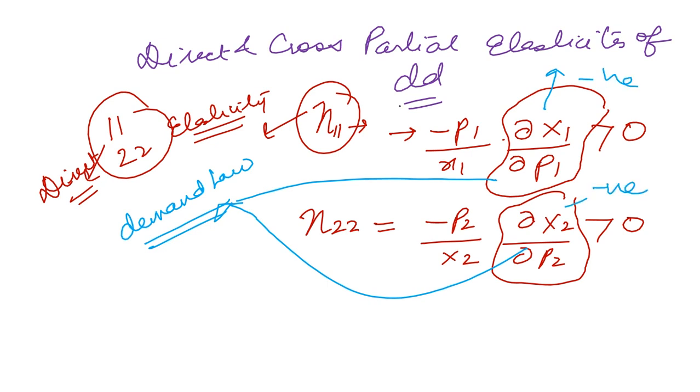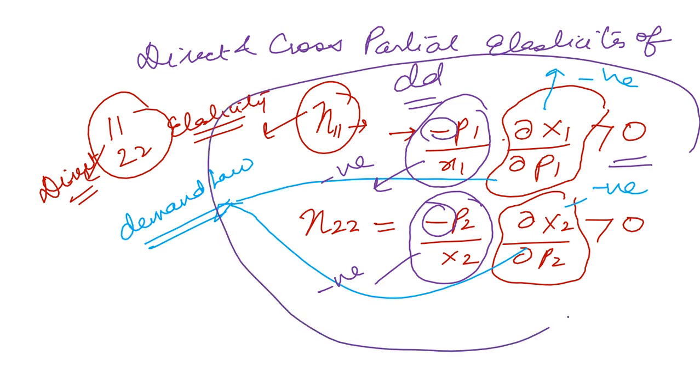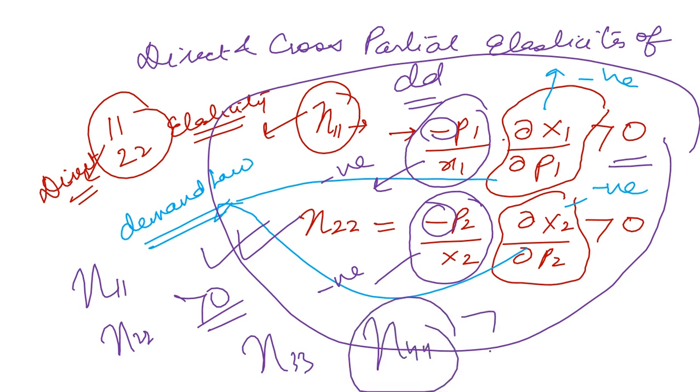But each expression also has a negative sign in front, and negative into negative makes positive. So the direct elasticity is always going to be strictly greater than 0.